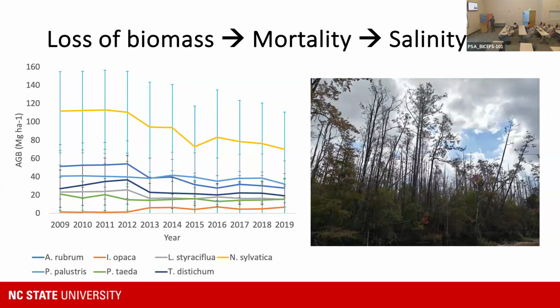But we see in the aboveground biomass, from 2009 to 2019, a decline in black gum, Nyssa sylvatica. We see also declines in maple. And really the only species that has increased its biomass is Ilex opaca. So most of the trees are losing biomass.